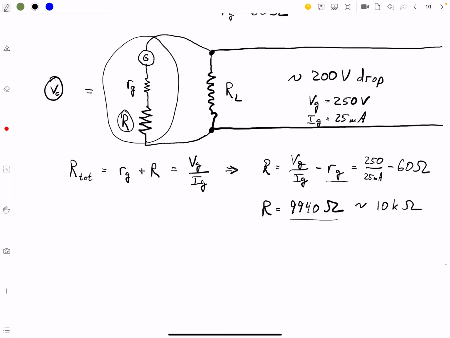That shunt resistor needs to be smaller because we've got some current going through our loop. That current is going to hit this junction. It's going to split. It's going to go that way, and it's going to go that way. We're going to have one, I'm going to call it IG, that goes across the galvanometer, and another IS that goes across the shunt resistor.